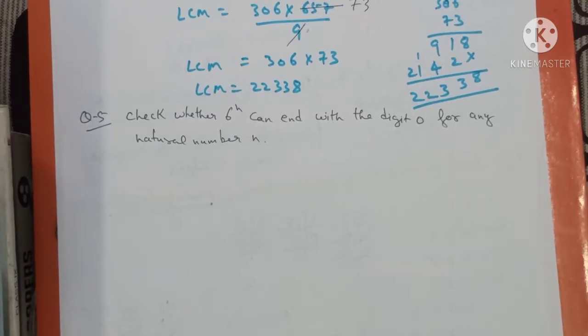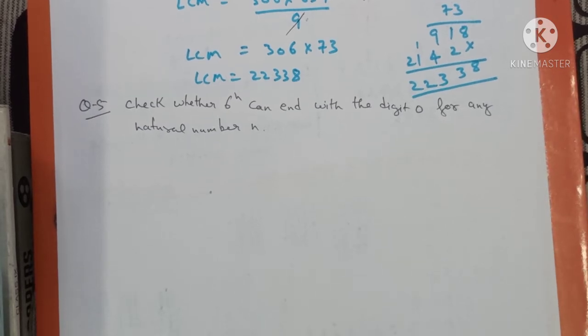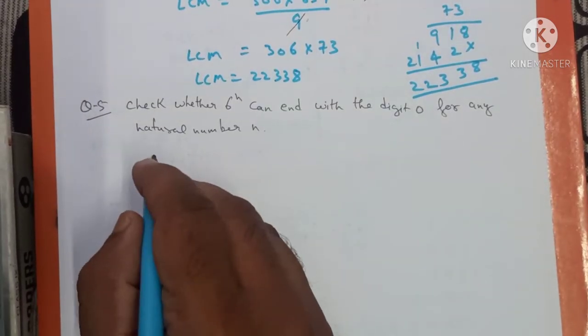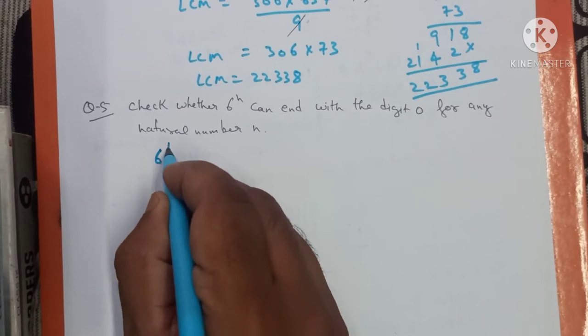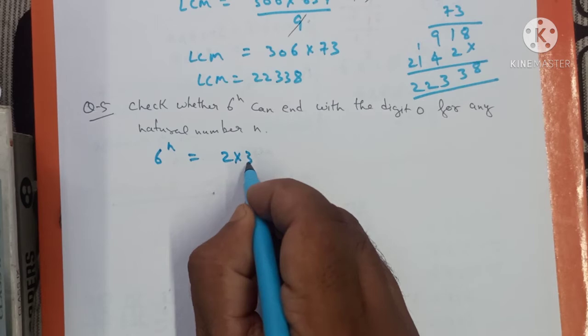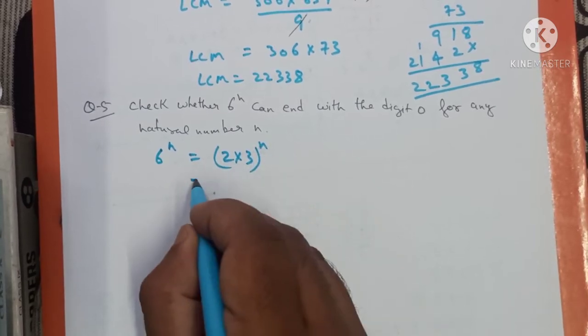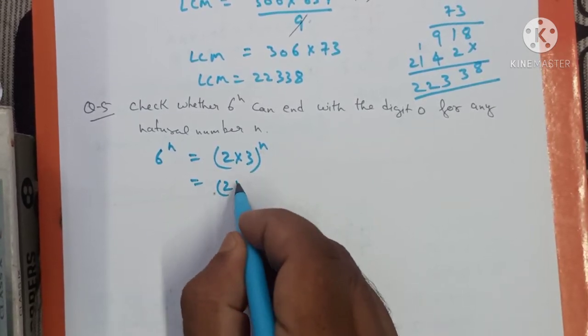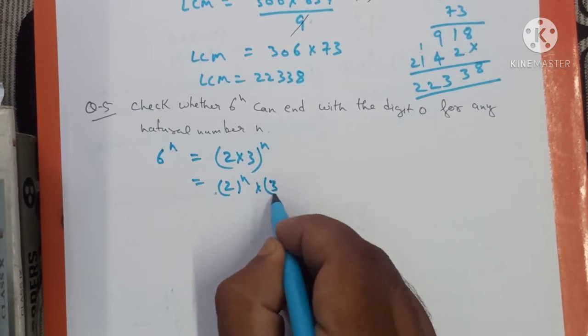This type of question we have done in the introduction video, the last video. You can see that 6 power n can be expressed as 2 into 3 whole power n. So it can be expressed as 2 power n into 3 power n.